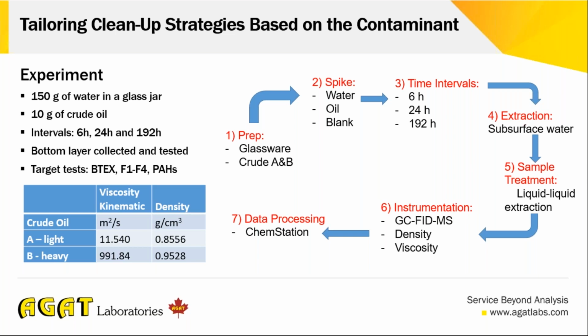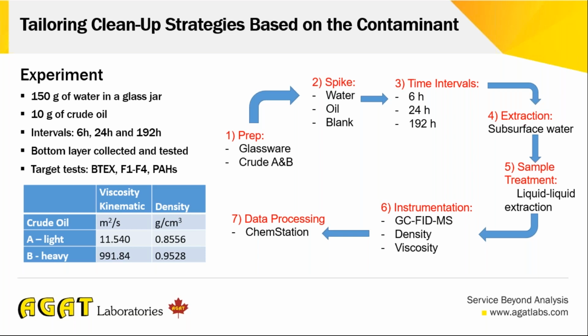In this research, 150 grams of water was placed in a pre-cleaned EPA-clean jar, and then 10 grams of crude oil was added. Two types of crude oil were selected. Each time we add crude oil to the top of the water, we use just one type of oil.